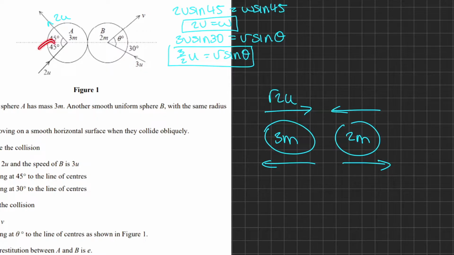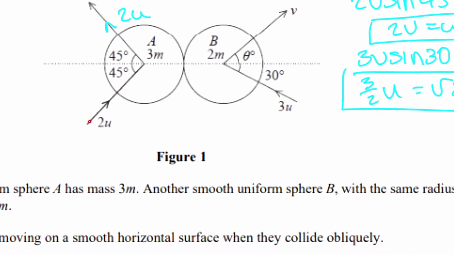That is the parallel to the line of centers component. And the initial velocity of B is 3u cosine 30, which is 3 over 2 root 3 u. So they're the initial components taken by resolving parallel to the line of centers.